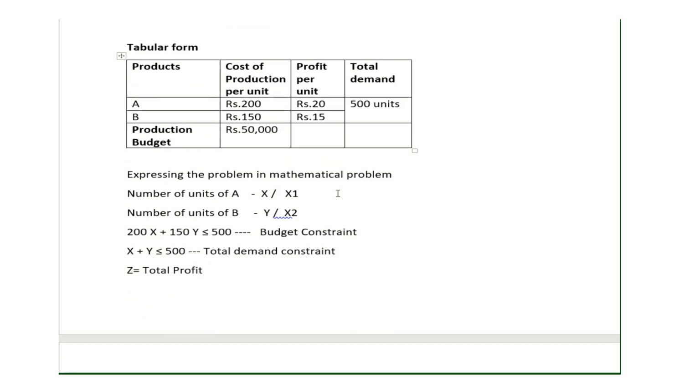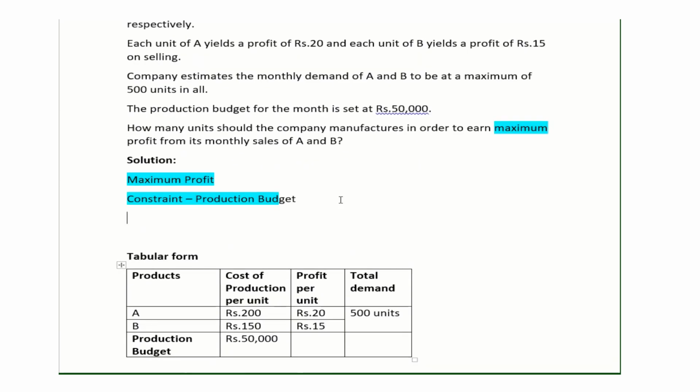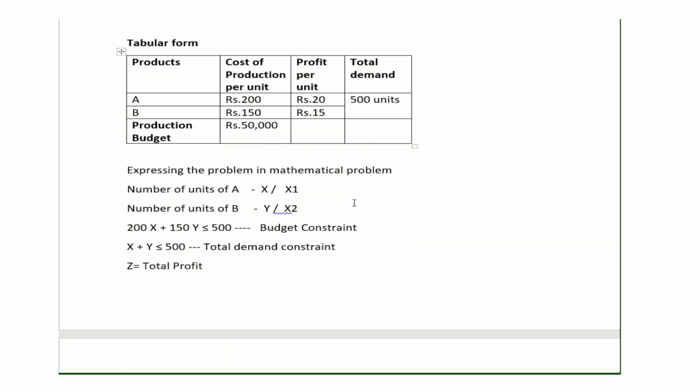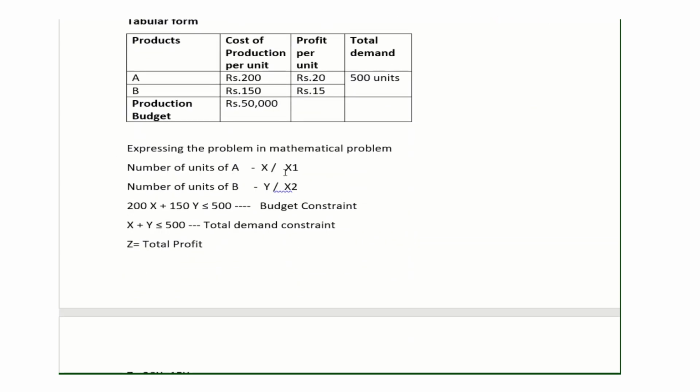For the mathematical problem, you have to assume variables. In the question itself, they do not mention how many units to manufacture of A and B. So let us consider the number of units of A to be X, maybe X1, and the number of units of B to be Y, or X2.